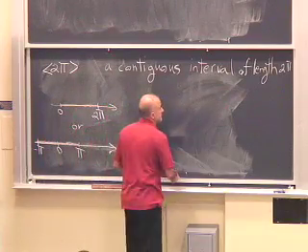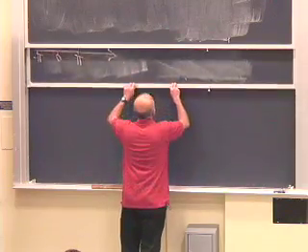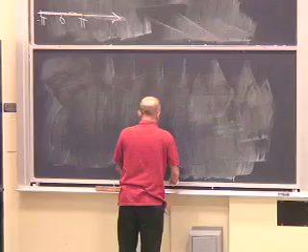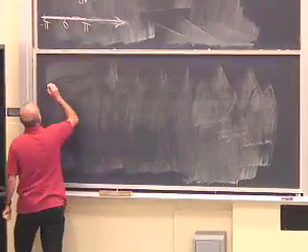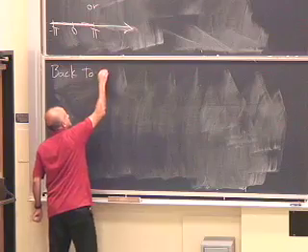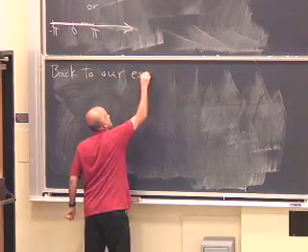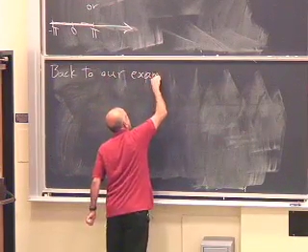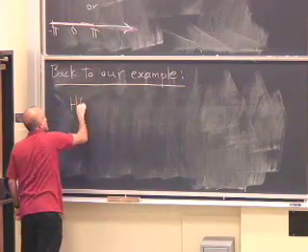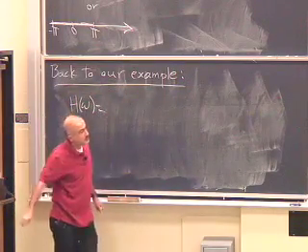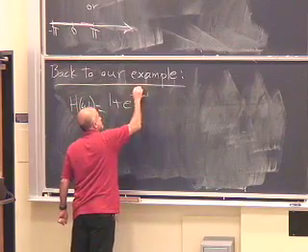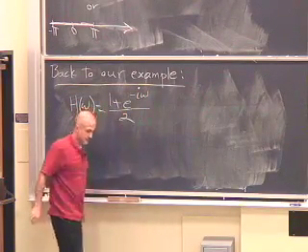So now let's go back to our example. H of omega, Zach found to be 1 plus e to the minus I omega over 2.